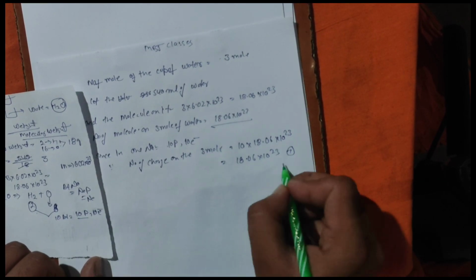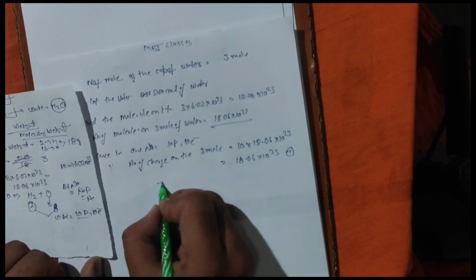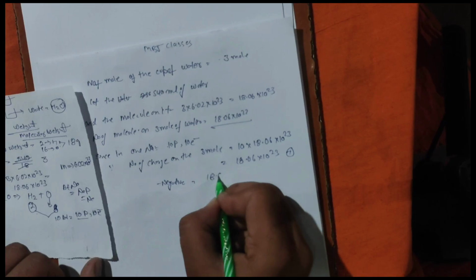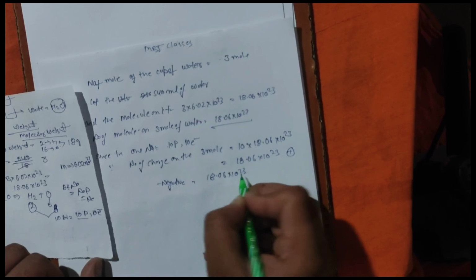And similarly the negative charge is 18.06 into 10 to the power 24.